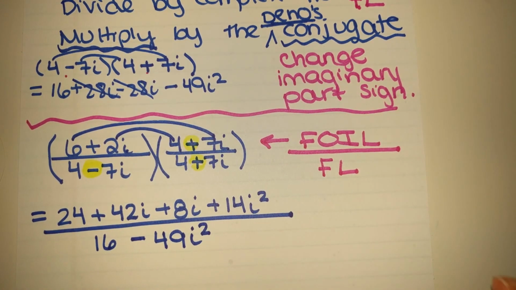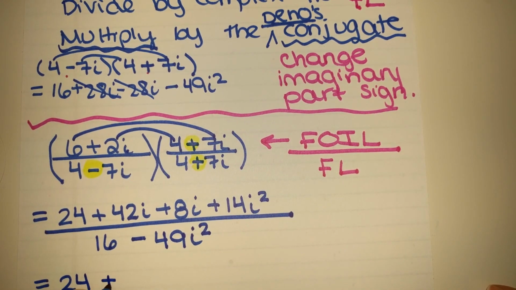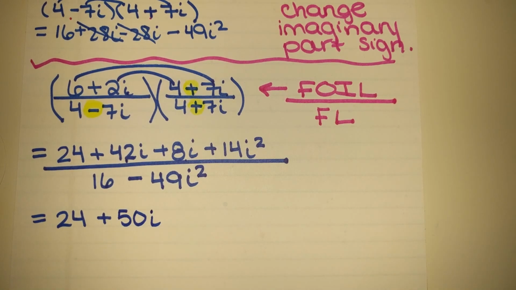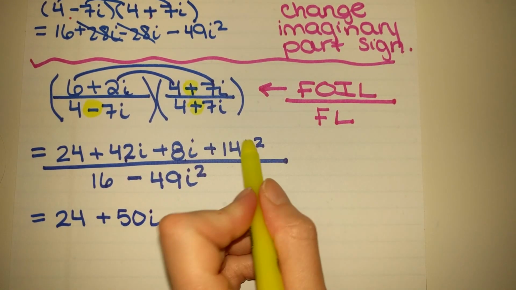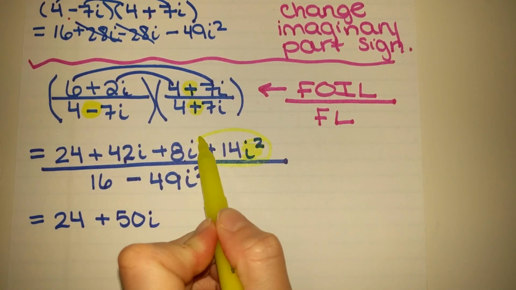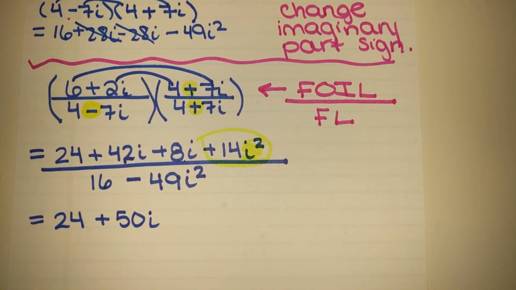Now, at that point, we just have to simplify, combine our like terms. So we have 24 plus the 42i and the 8i are like terms. So that gives us 50i. And then remember how we said that this i squared changes the sign that is in front of it. So currently we have a plus 14i squared.